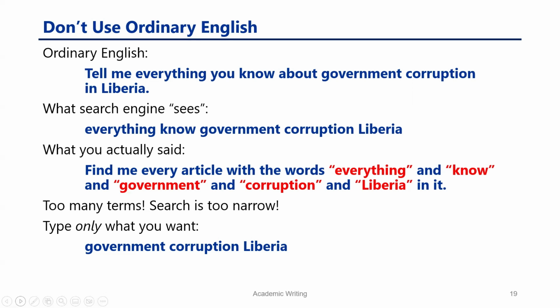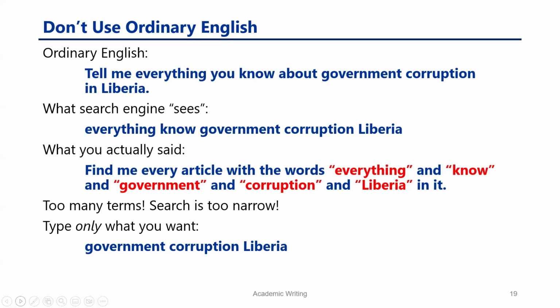And here's what the search engine does with that. It basically says that it thinks you said, find me every article with the words everything and no and government and corruption and Liberia in it.